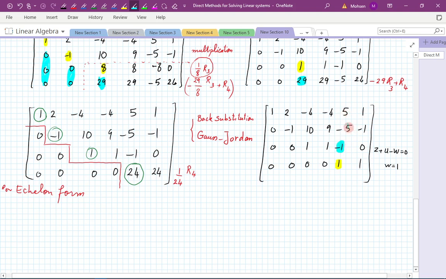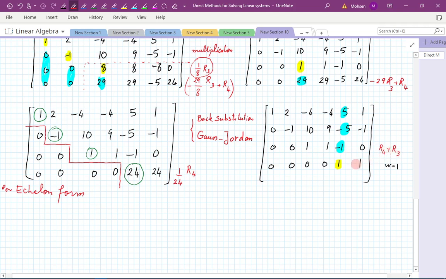So we are going to use this as our pivot, and these are going to be our targets. So let's go ahead, let me make room for that. And so how would I handle this? I take R4 and add it to R3.